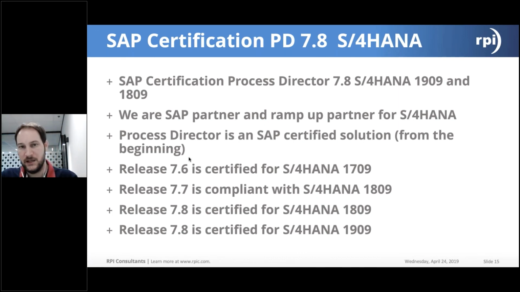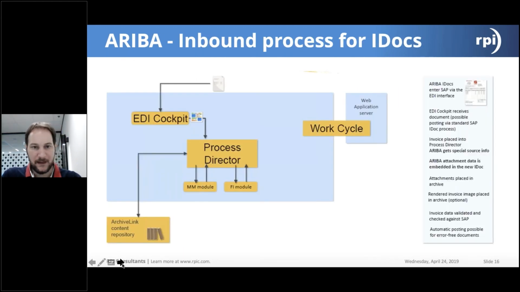So these are the news for the companies that use Process Director and have a plan to move to S/4HANA. We are ready to support them, and you can see that with all these certifications that we have. Okay, I think we can move to the next slide.